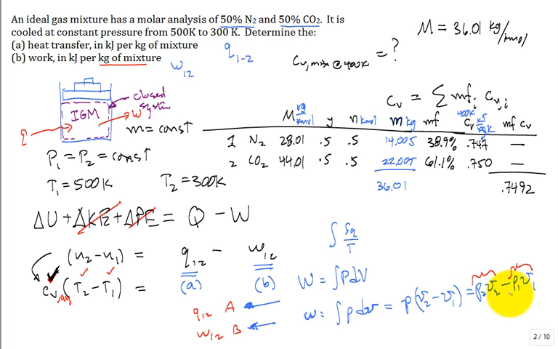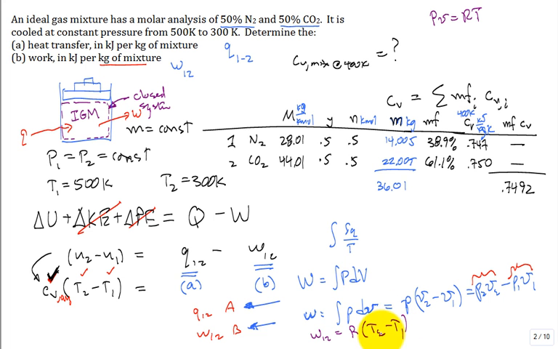The product of P2 and V2 is equal to R T2. What? Well, way back here we said for the ideal gas, there's three things to remember. PV is equal to RT. Is that one thing to remember? And now that I see PV, I can replace it by RT. True? So this work 1 to 2, I can replace by R times (T2 minus T1).